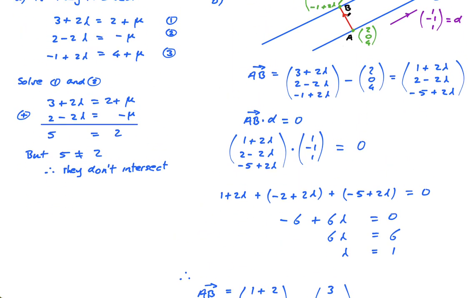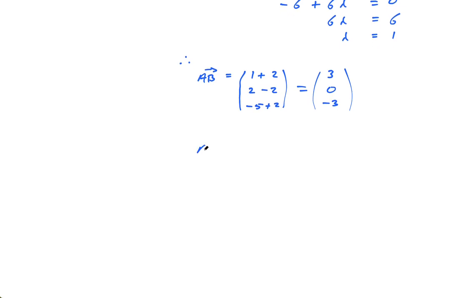All I need to find is the length of this vector now, and the magnitude of AB is equal to the square root of 3 squared plus 0 squared plus (-3) squared, which is the same as plus 3 squared, equals 9 plus 9, root 18.